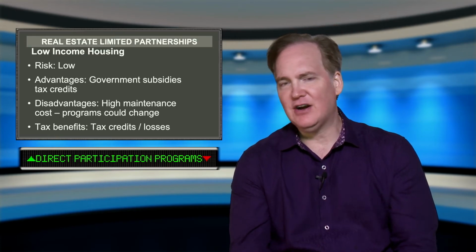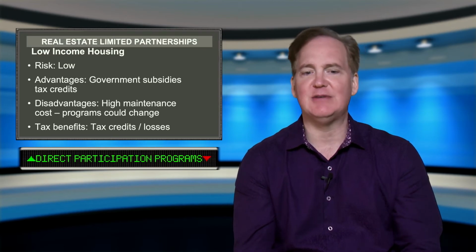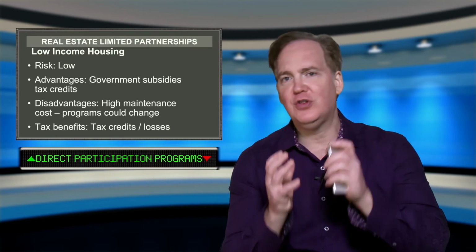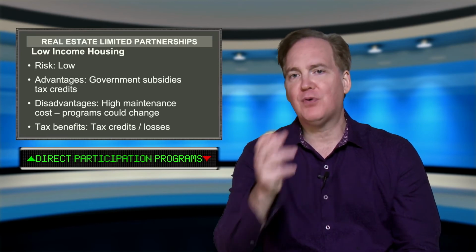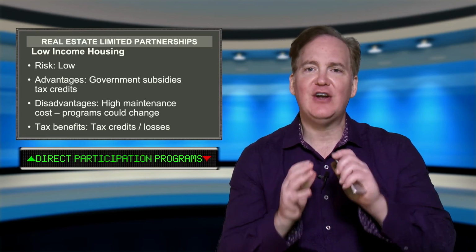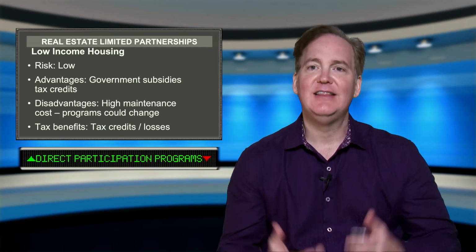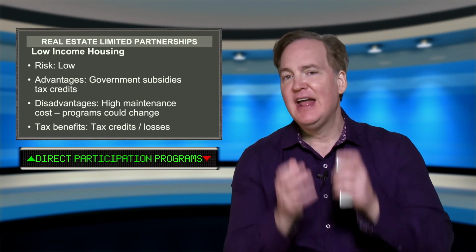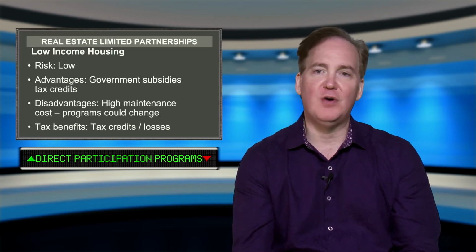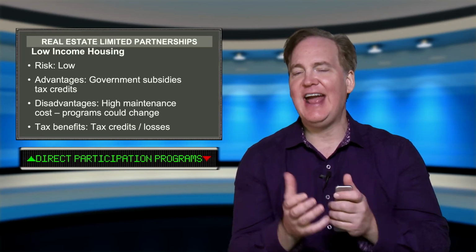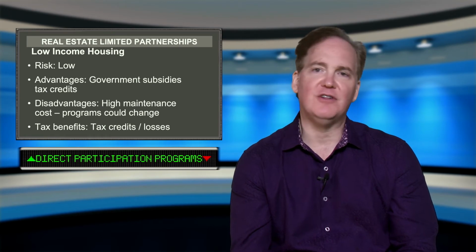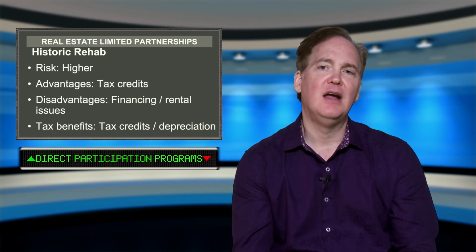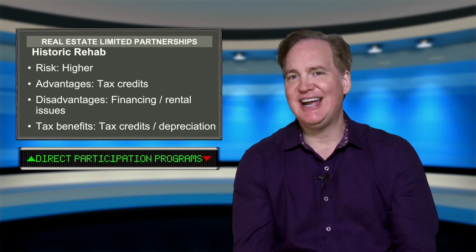The problem here is there's going to be high maintenance and repair costs, and the government could change the laws and regulations or program rules that could negatively impact the performance or the return of the partnership. The tax benefits that flow through are those tax credits, and any losses will also flow through to investors in the limited partnership.